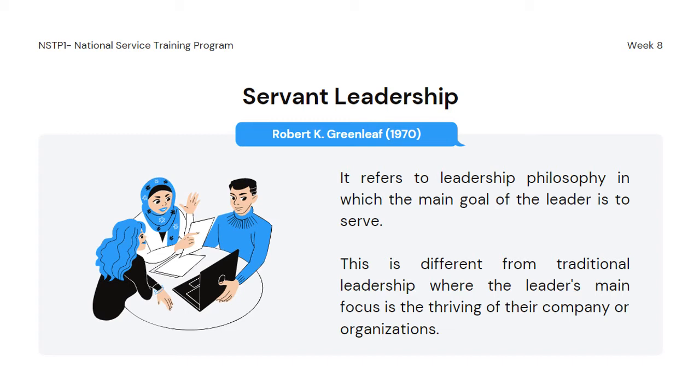A servant leader prioritizes the team's growth and well-being, letting their own needs and ambition take a back seat. So here, the priority is more on the people's welfare over your own personal needs and ambition.